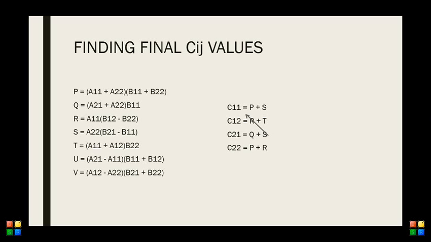Now I will consider again from top to bottom, T and Q. You could guess which ones. Try to guess which ones. Okay, I guess you're right. So after C11 I'll have T, and after C22 I'll have Q. But I'm going from top to bottom downwards, so I will consider a minus symbol like this. P plus S minus T for C11 and P plus R minus Q for C22.